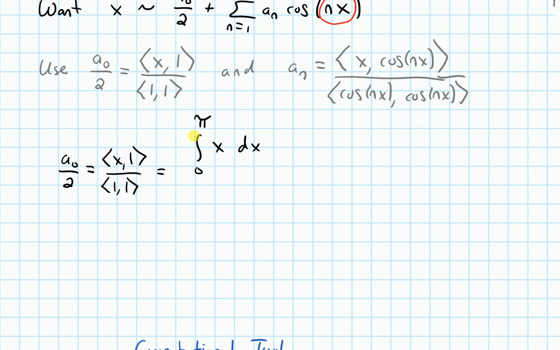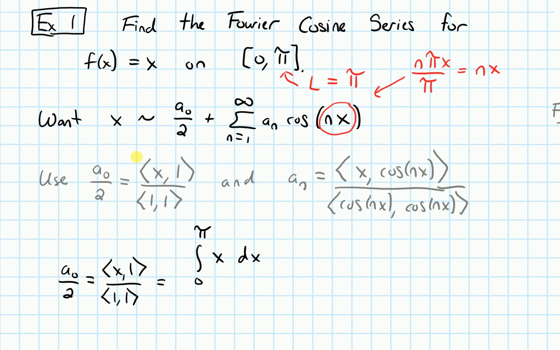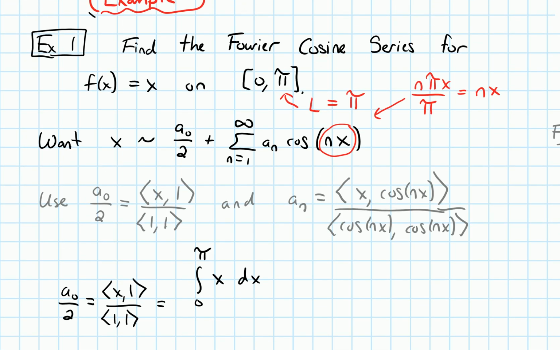Notice that my integral goes from 0 to pi instead of negative pi to pi, because we're doing a cosine series. The same would be true with the Fourier sine series. The other way I can see that is that with the Fourier cosine series or sine series, our function is defined on some interval from 0 to L, so our integrals have to do the same. They're also going to go from 0 to L.